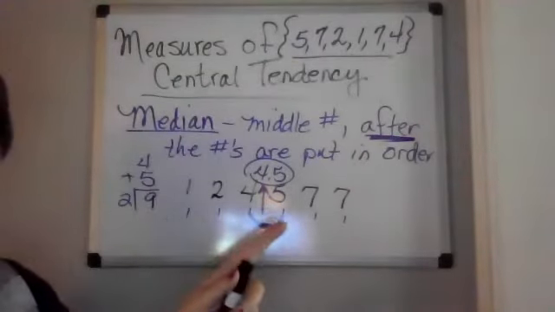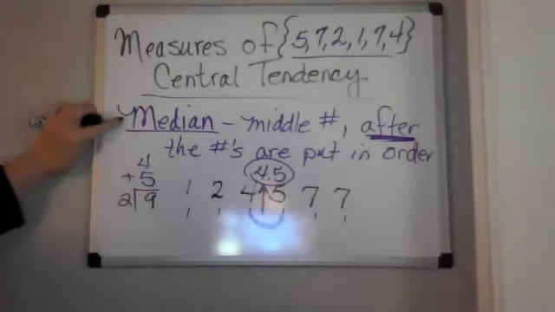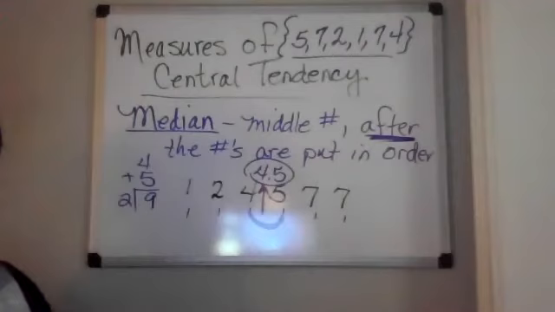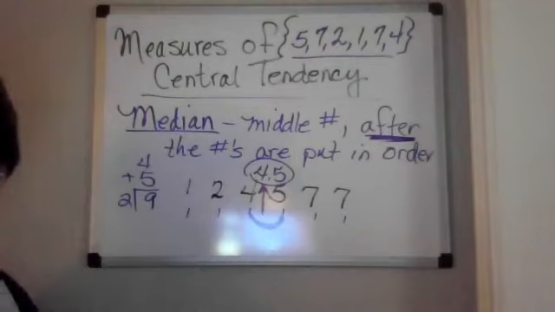Y'all see? Besides knowing that the median is the middle number, the most important thing is that your number values have to be in order to do this. You cannot find the median without putting them in order. Everybody good? Okay, I'm going to go on with mode.